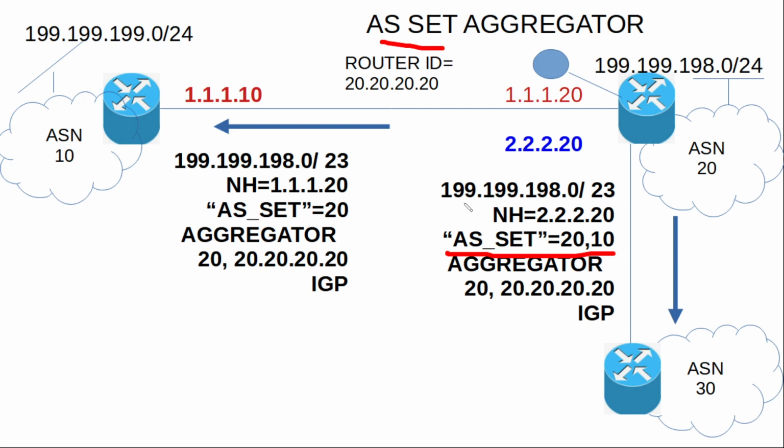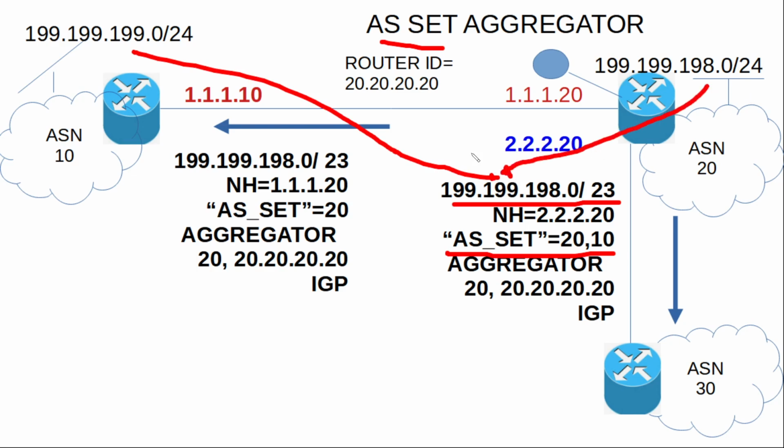So for instance, this prefix aggregation contains this prefix here and this prefix here, and this prefix here belongs to autonomous system 10, so this number 10 is included in the AS set. This prefix here belongs to autonomous system 20, so this autonomous system number is included here. So the AS set is a list of autonomous systems to which the components of this aggregation belong.